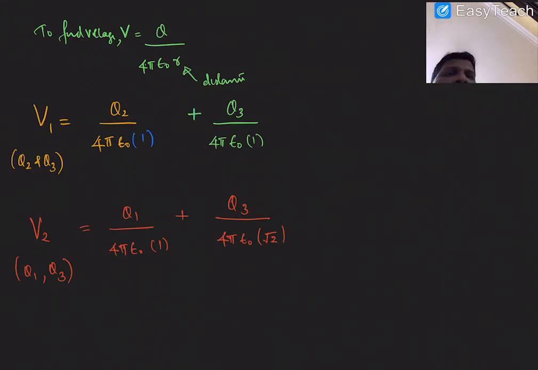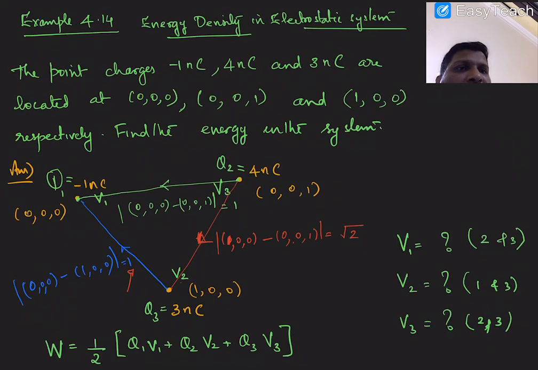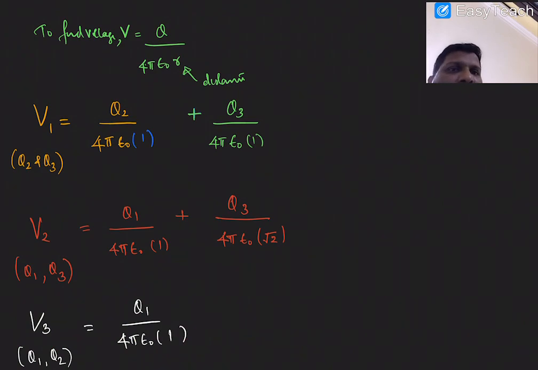And next you will get the other part as V3. So V3 is due to Q1 and Q2. So this is Q1 divided by 4 pi epsilon 0 into the distance between 1 and 3. The distance between 1 and 3 we have already found, it is again 1.